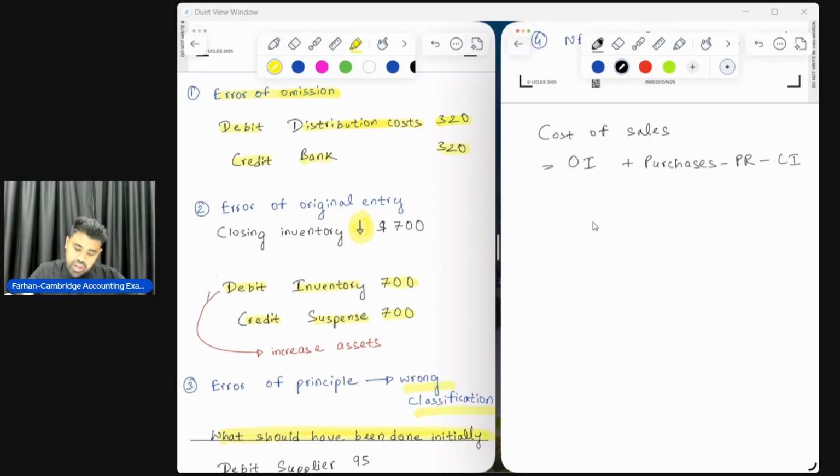Now, if closing inventory is understated by $700, it means we are subtracting $700 less. So if we are subtracting $700 less, shouldn't that increase the cost of goods sold by $700?